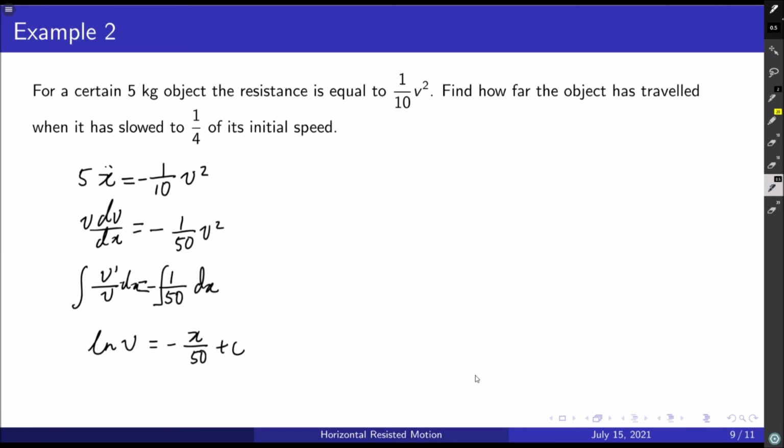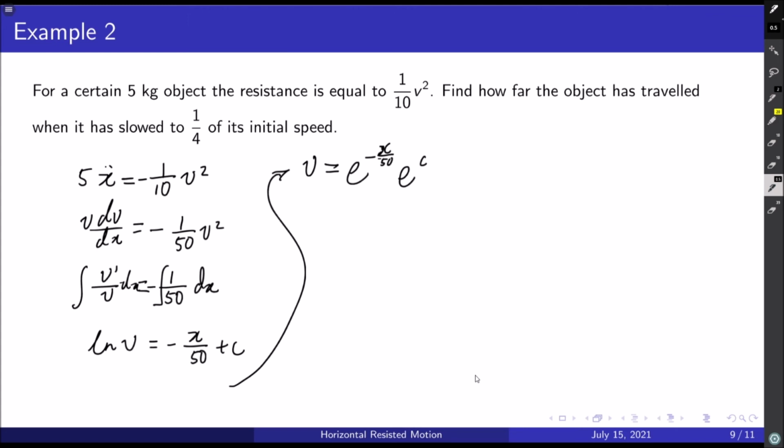Okay, so from here we can say that v would equal e to the power of negative x over 50, times e to the power of c. So what we need to find is what e to the power of c is.